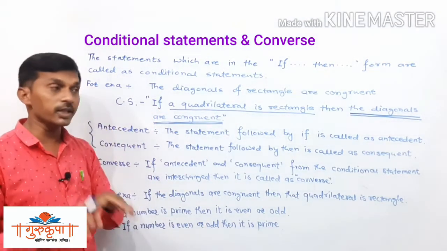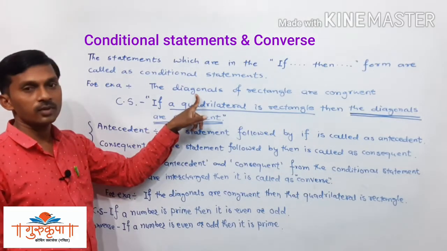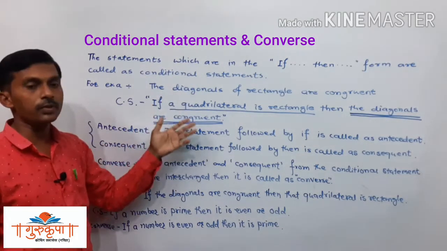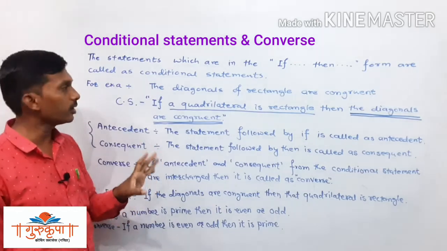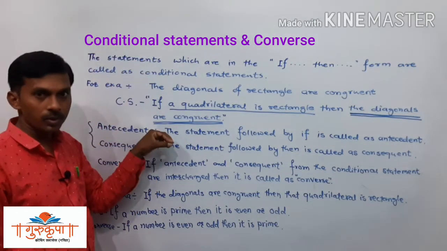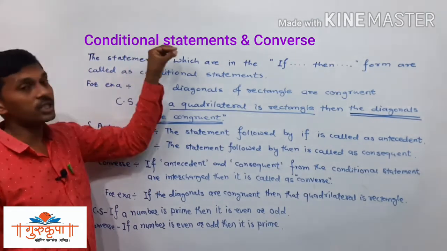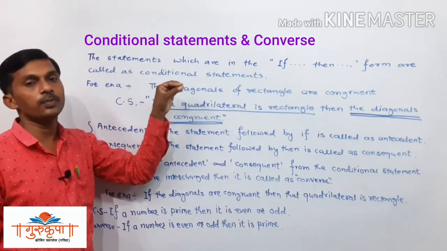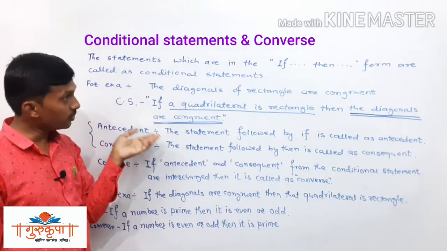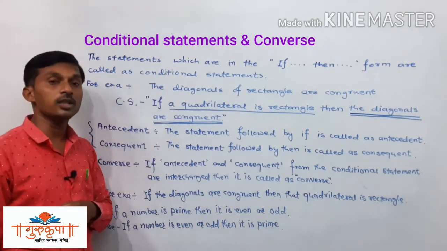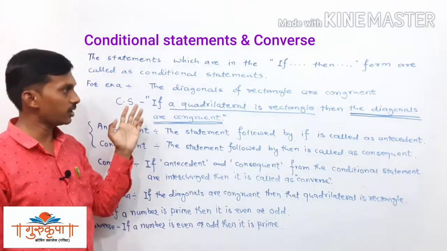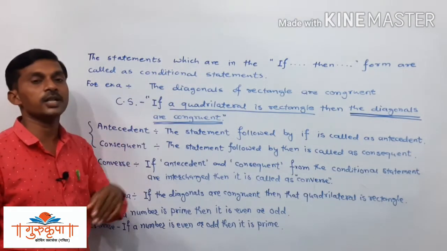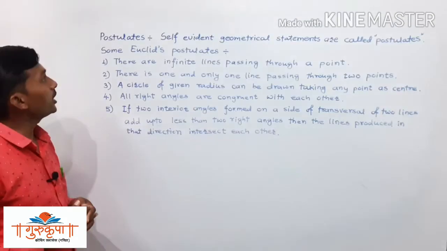Here we take only one example, and that same example we use everywhere, so it will become easy to study and remember this concept, and this concept is very important. Now afterwards, we have to study the next concept, that is proofs.